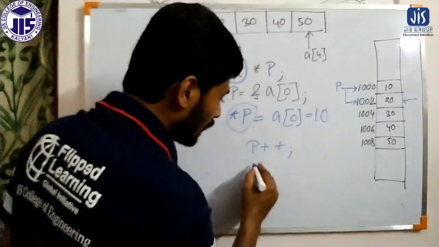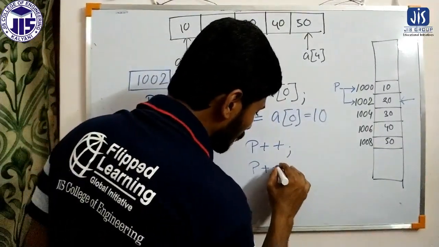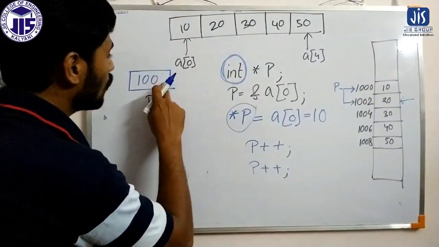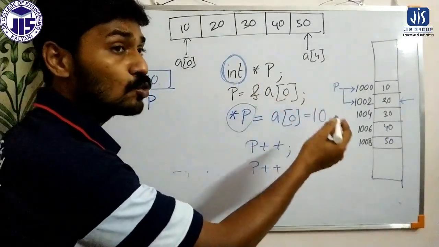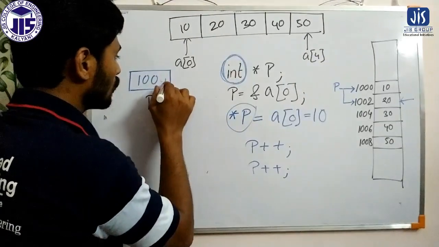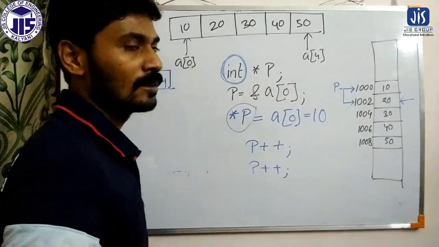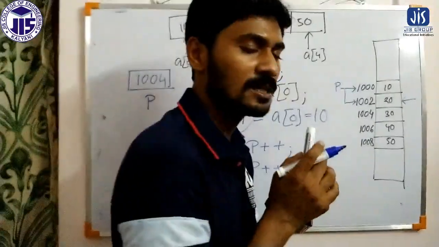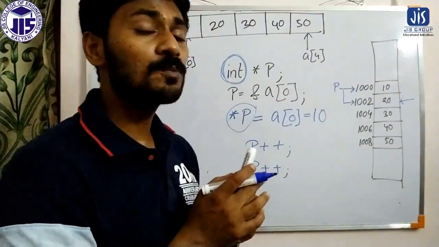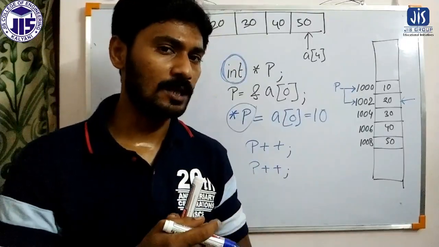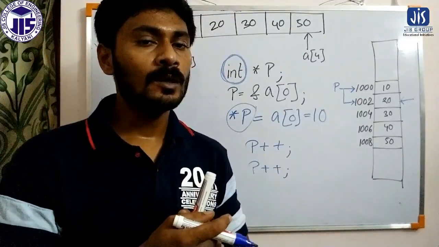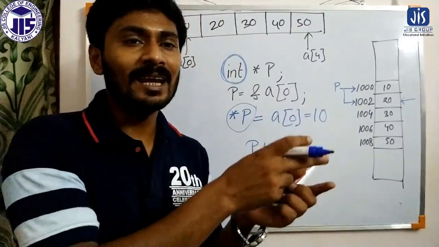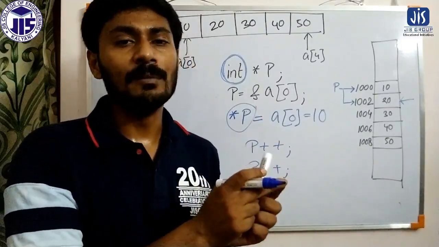Now if I perform another p++ operation, the value of p will be updated to 1002 plus 2, so it will be 1004. Another increment, it will be 1006. Another increment, it will become 1008. So in that way, just by increasing the value of the pointer variable, we can address any of the elements in the array.